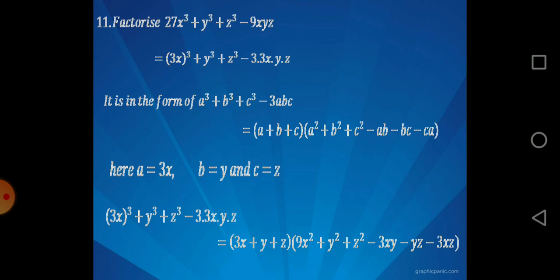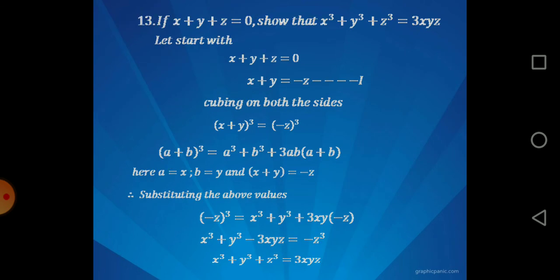Let us replace a, b, c by 3x, y and z respectively. So the factors of 27x cube plus y cube plus z cube minus 9xyz is equal to 3x plus y plus z of 9x square plus y square plus z square minus 3xy minus yz minus 3xz.